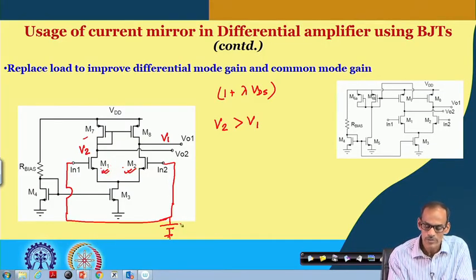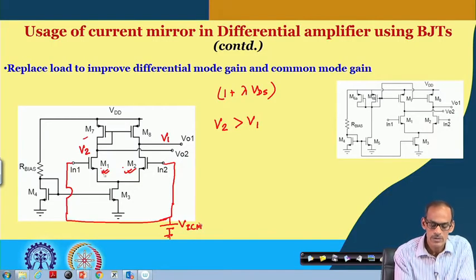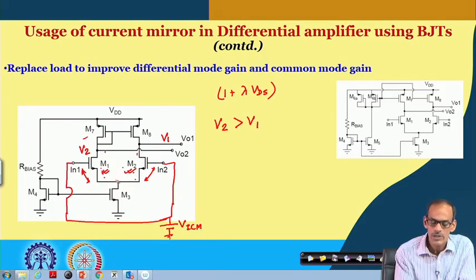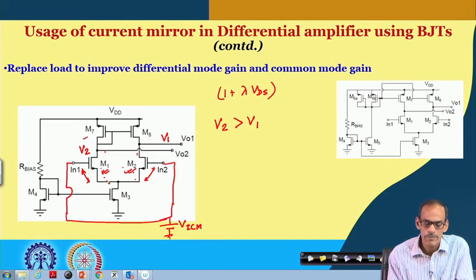Since we have the same common mode voltage coming to the input, we expect that these two currents should be the same, because the VGS here and the VGS here are equal and the transistors are identical. But if I consider the lambda VDS part, then they may be slightly different.